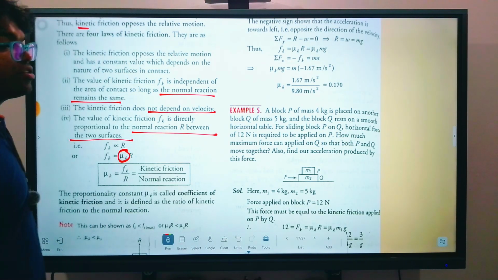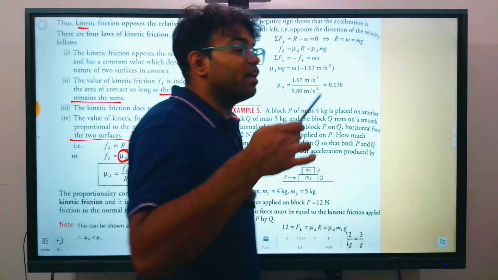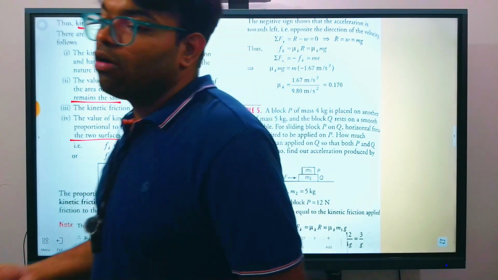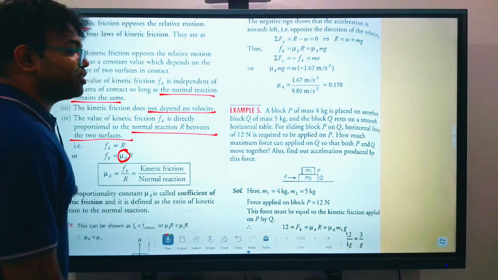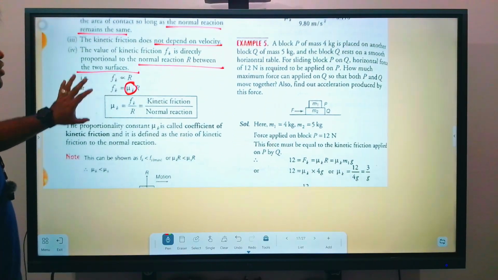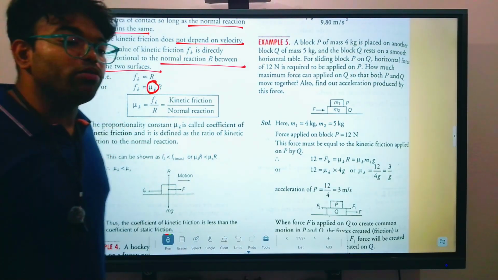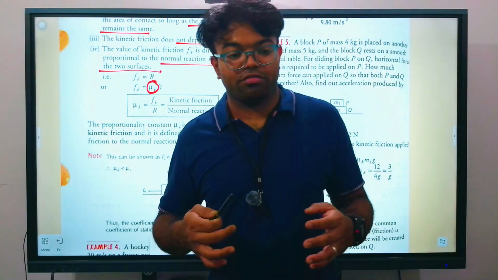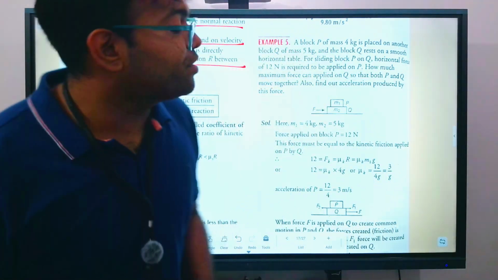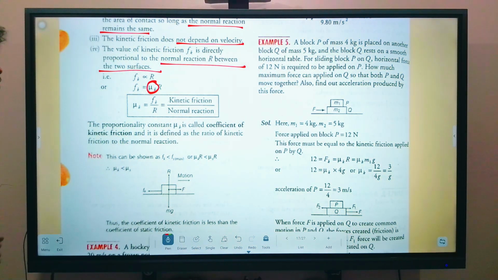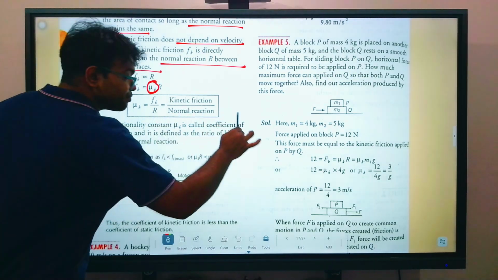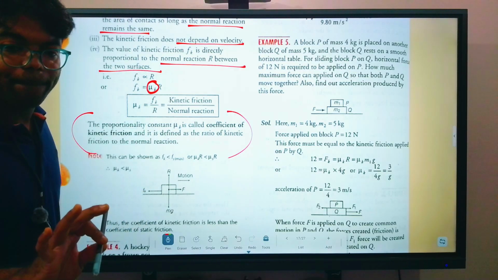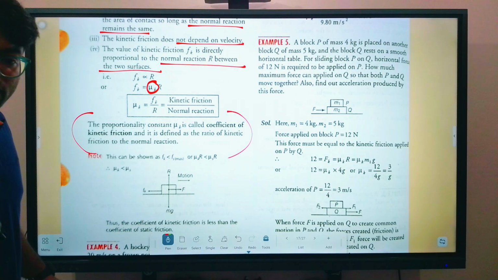The kinetic friction has the same formula: the friction in motion upon the normal reaction force. Similar to static friction, it does not have any unit because it is simply a ratio between two forces. Understood? Clear? Any doubts till now? You have a doubt?